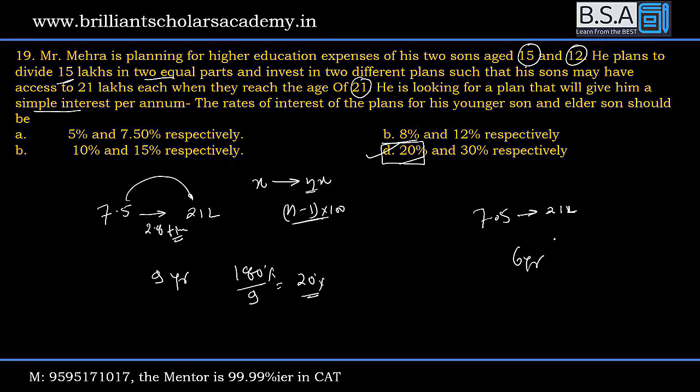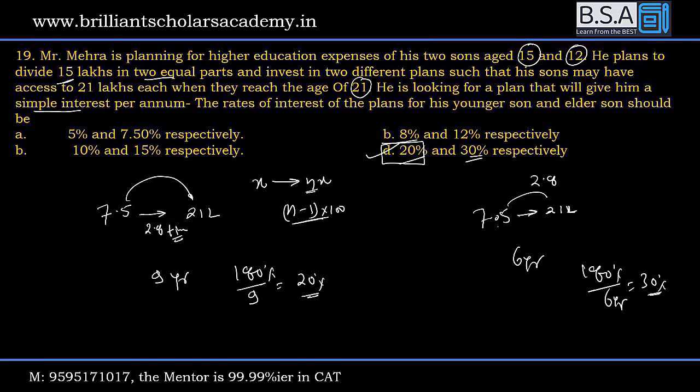Here also, the amount is the same, 7.5 lakh becoming 21 lakh. It is becoming 2.8 times. So 2.8 times means 180% growth in 6 years, which is 30% growth per year. By verifying only for the younger child, you and I can mark our answer.